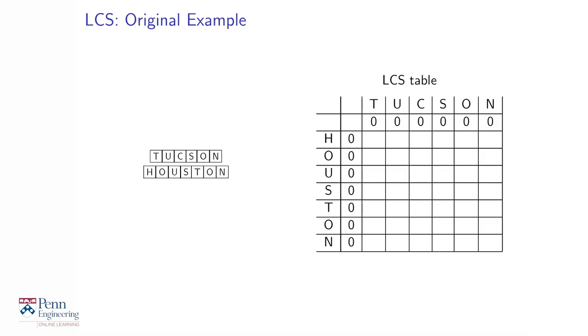Now that we've seen the algorithm for the longest common subsequence, let's see how it would work on the original example that we gave, finding the longest common subsequence between the two strings Tucson and Houston.